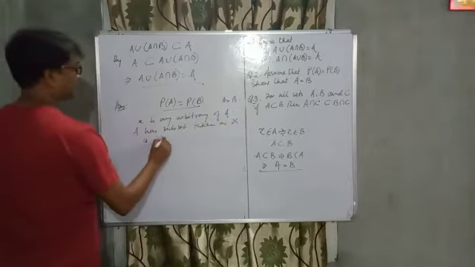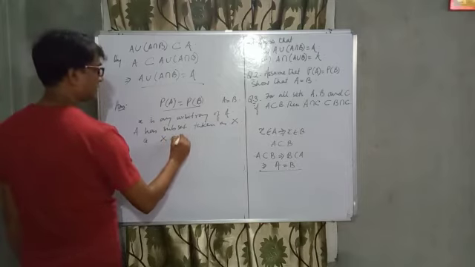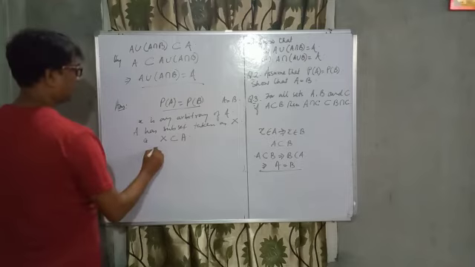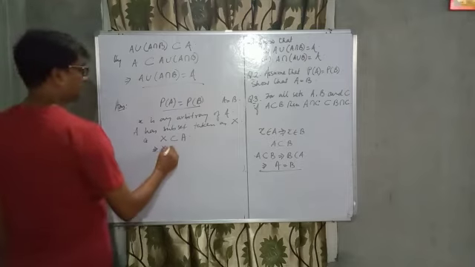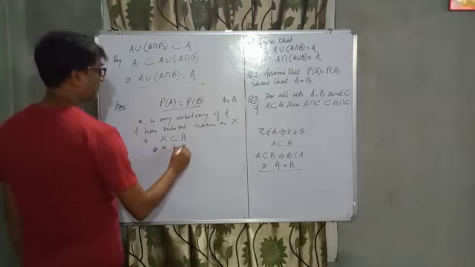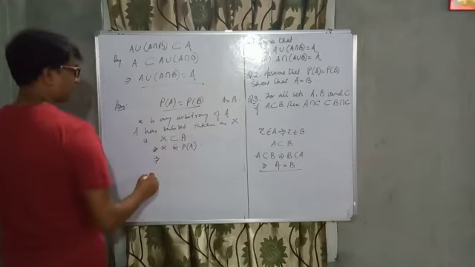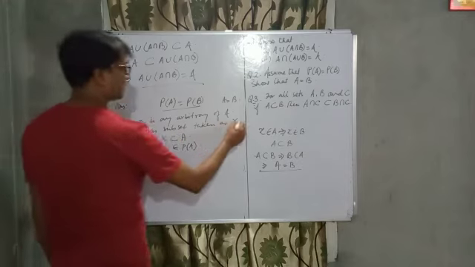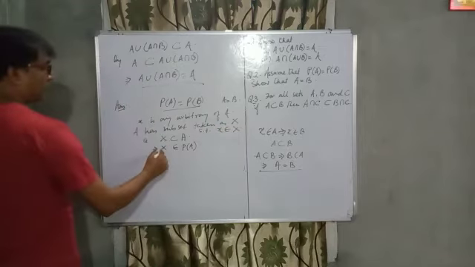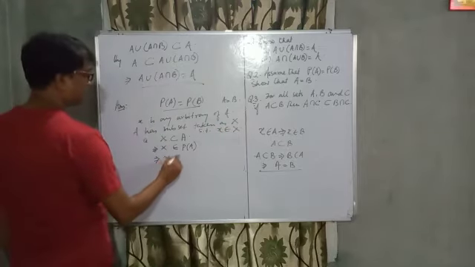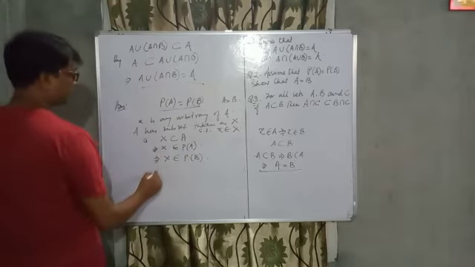That is, {x} is a subset of A. It implies what? {x} belongs to P(A). If {x} belongs to P(A), X belongs to P(A) means what? {x} belongs to P(B), as P(A) is equal to P(B).